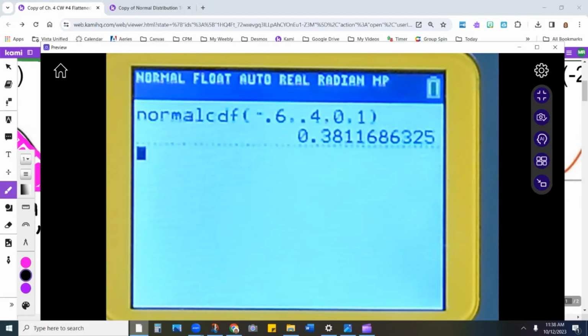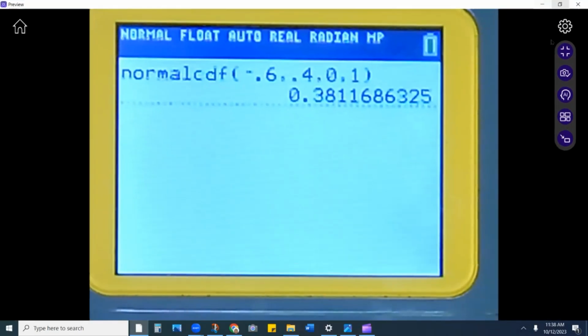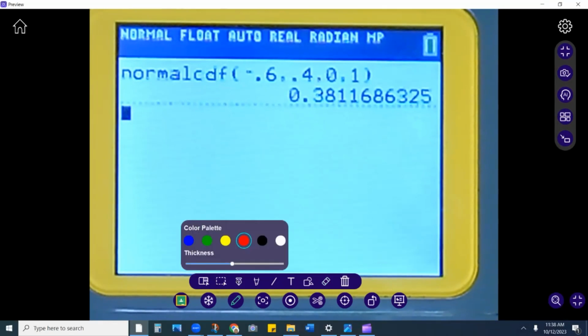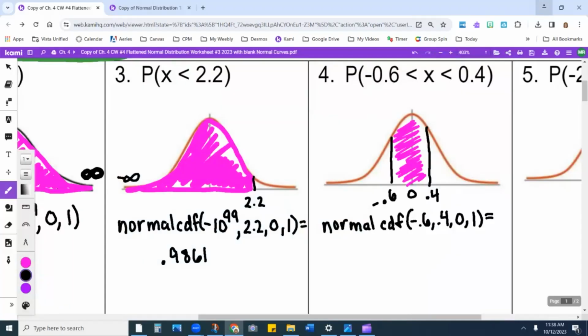And I end up getting 0.3812. Again, this one here is going to get moved up to a 2 because of that 6. So 0.3812.